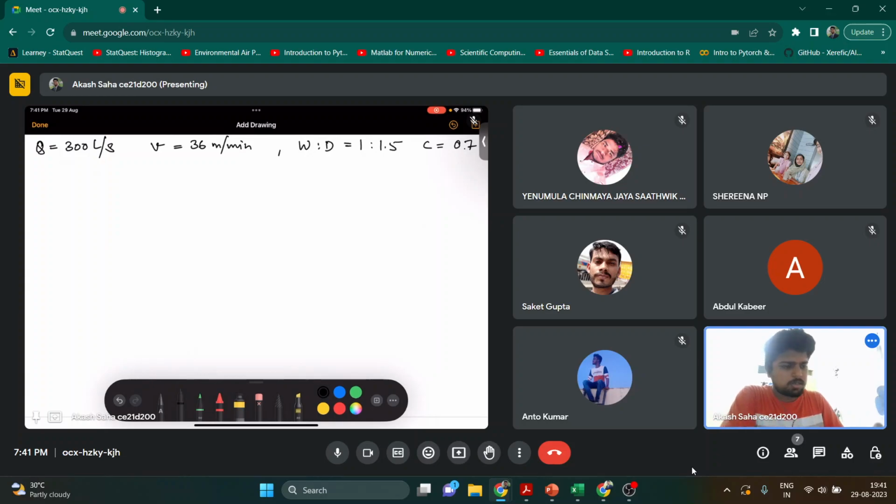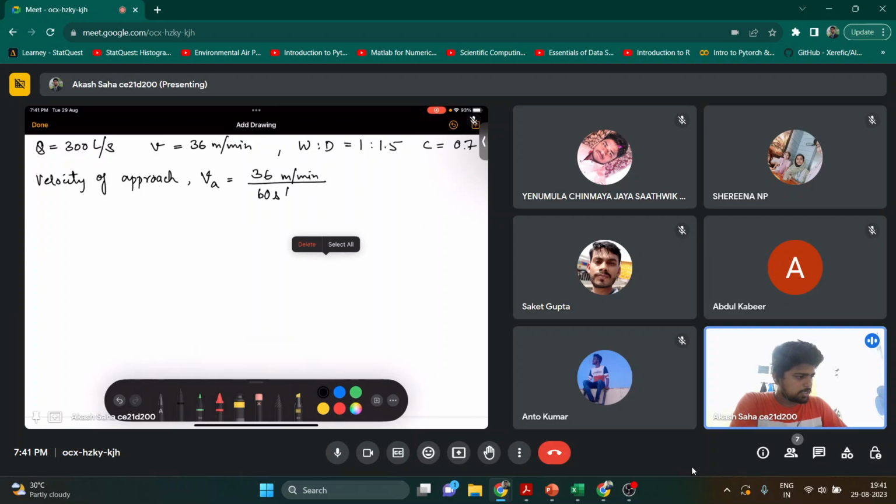So first, what is my velocity of approach? Velocity of approach is 36 meter per minute. I will change into seconds, divided by 60 seconds per minute. So it will be equal to how much? 0.6 meter per second.